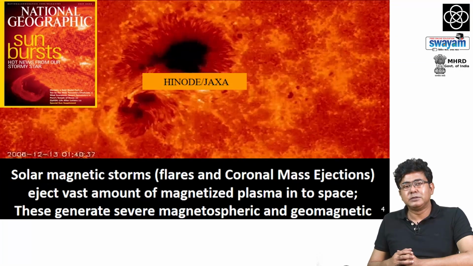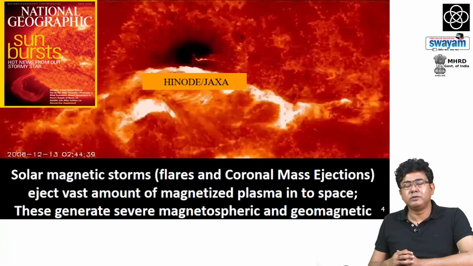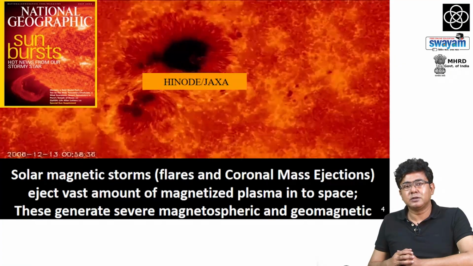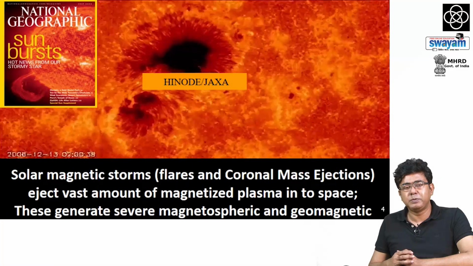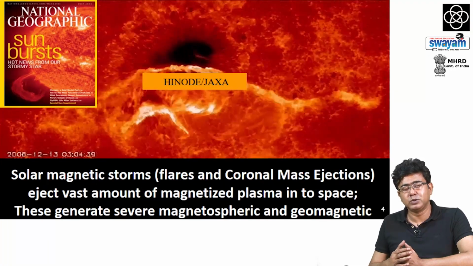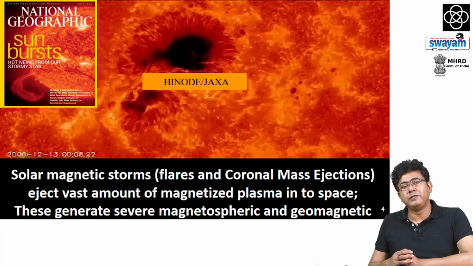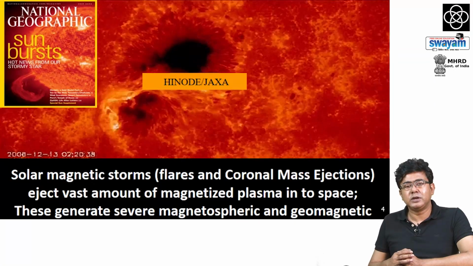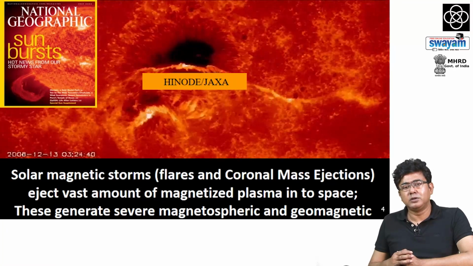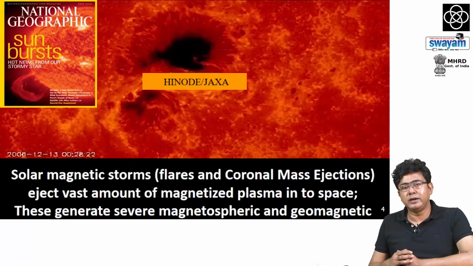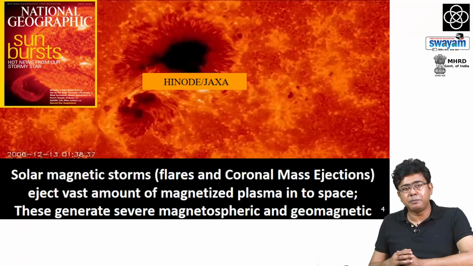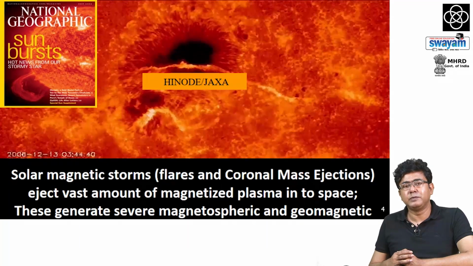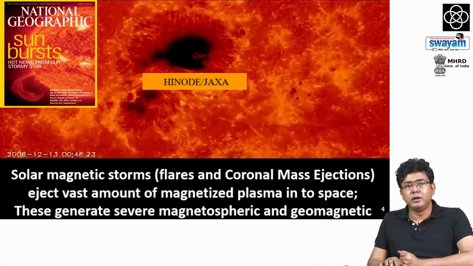Very extreme events such as flares and coronal mass ejections, which are related to magnetic instabilities within sunspots, also eject vast amounts of magnetized plasma into space along with high energy charged particles, which are also known as solar energetic particles, and these events are accompanied by intense X-ray and extreme ultraviolet radiation, which has significant impact on sensitive circuitry and sensors on satellites, as well as the upper atmosphere of the Earth, which is forced by this high energy radiation from the sun during these flaring events.